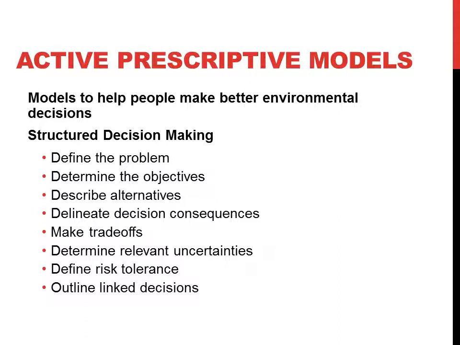We look at how uncertain these consequences are to happen, as well as what are the specific consequences associated with each alternative and how uncertain these specific consequences are to happen. Then we're going to look at our risk tolerance as decision makers, and then understand what decisions are linked to the particular decision at hand. So this is a rather long and involved process. This will be your second paper.